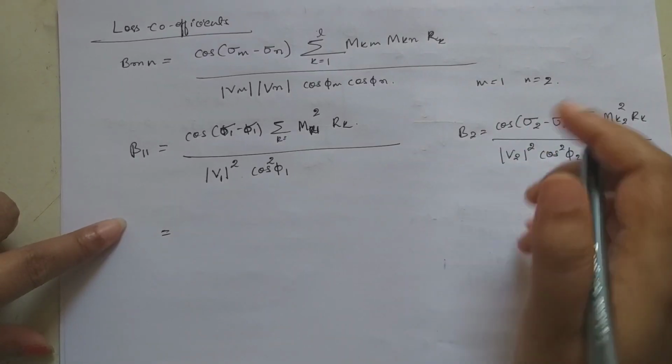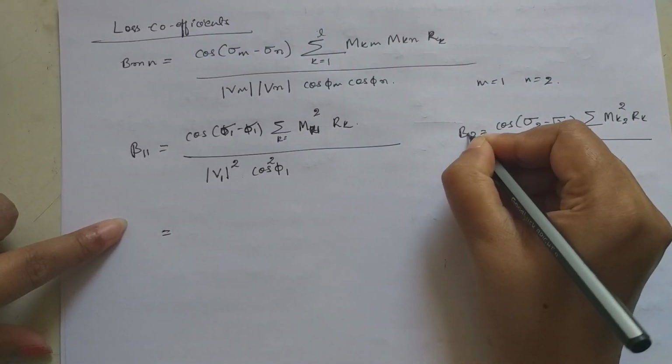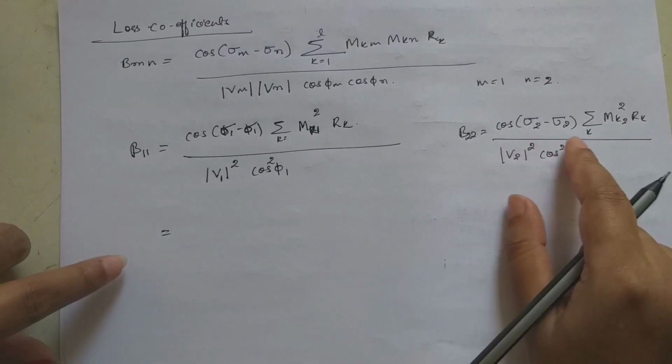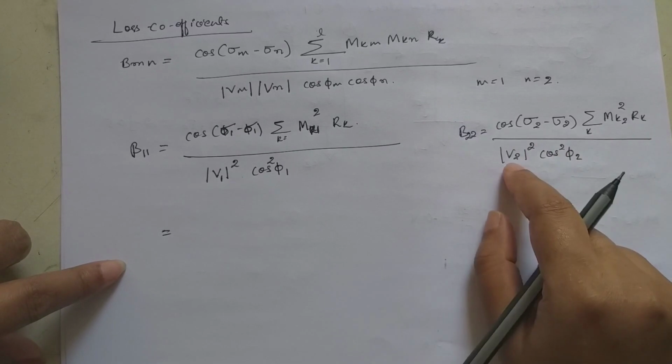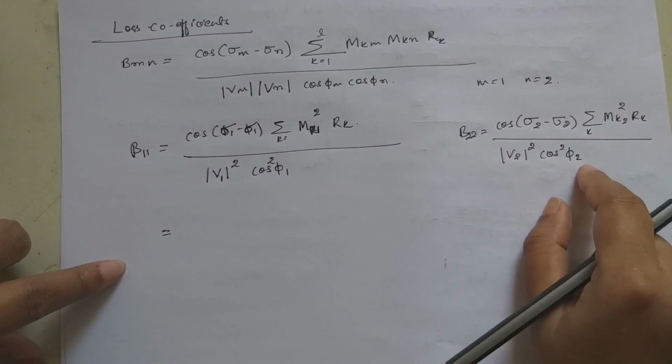Similarly, B22, or beta 22, is equal to cos(sigma 2 minus sigma 2) summation MK2 square into RK, whole divided by V2 square into cos square phi 2.